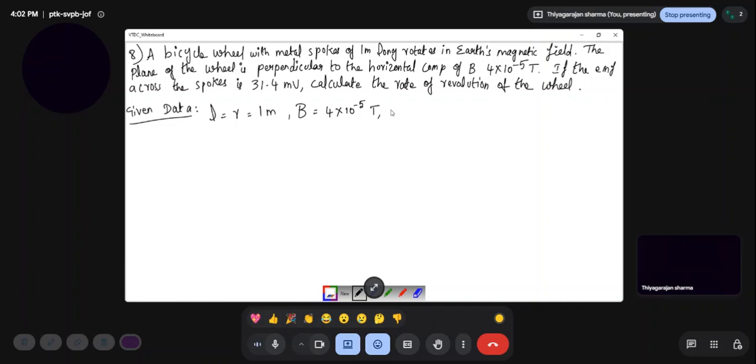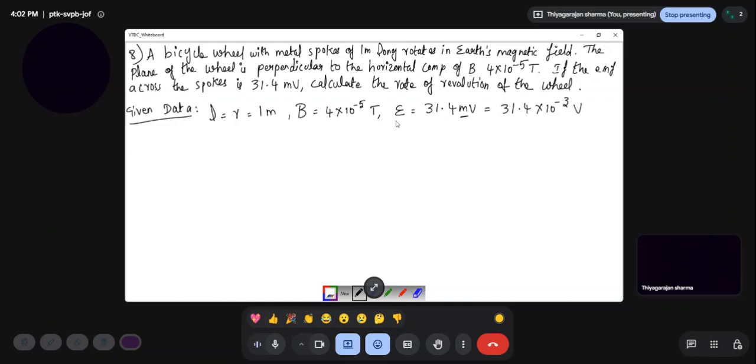And the EMF induced across the spoke is 31.4 millivolt, which could be converted into volt. Wherever you have the word milli, you will have to multiply with 10 power minus 3. So you will have 31.4 into 10 to the power of minus 3 volt.